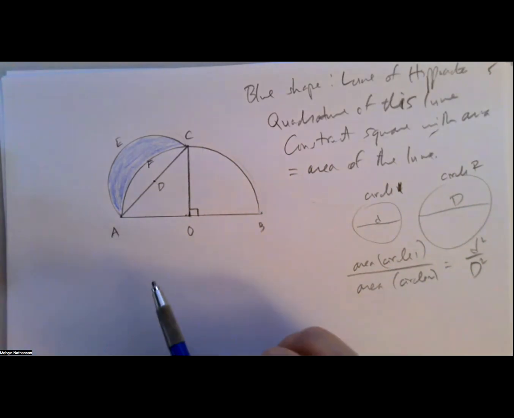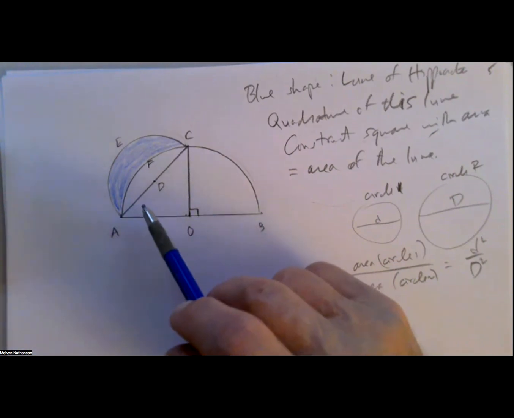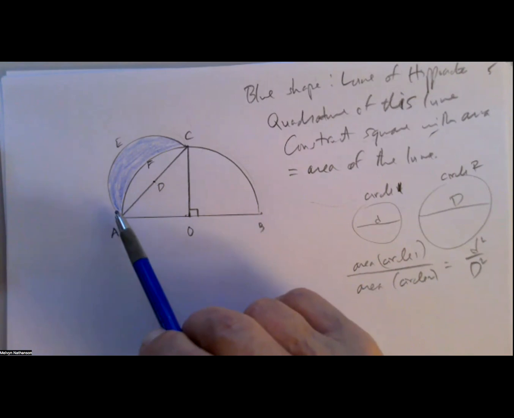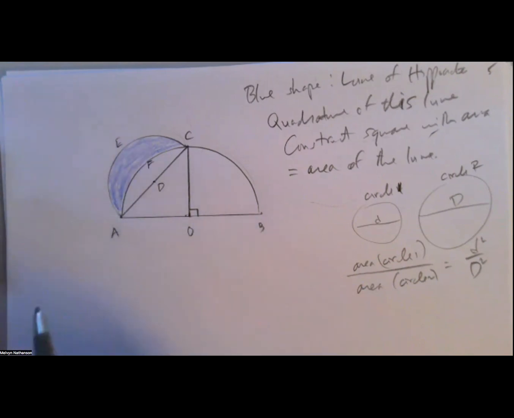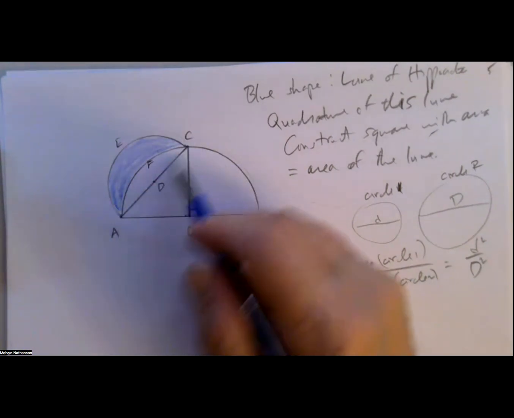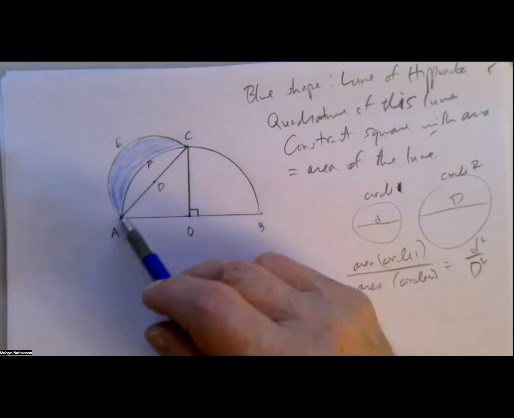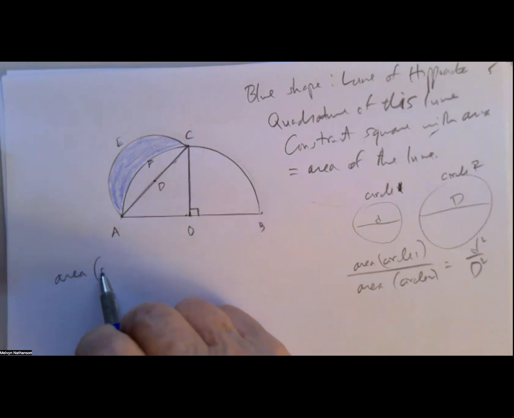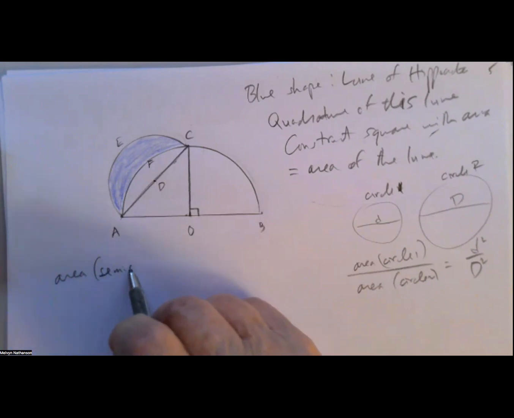So if we look at the semicircle AEC, so that's all of this line and this. The area of a semicircle is just half the area of the circle.